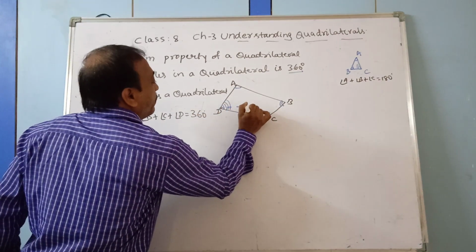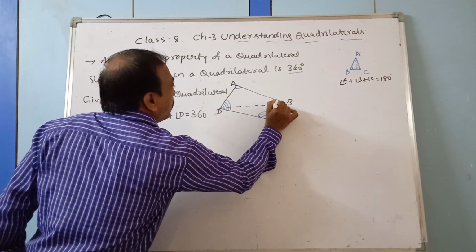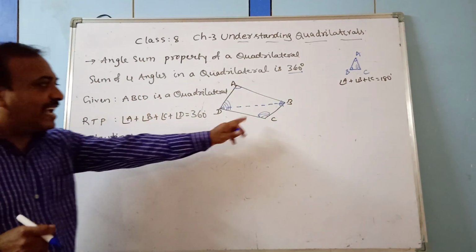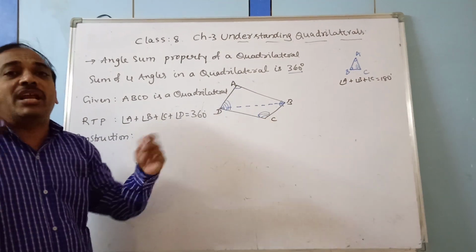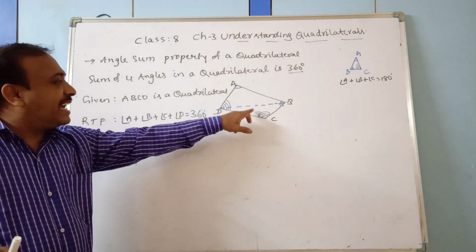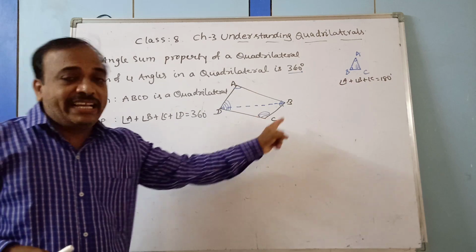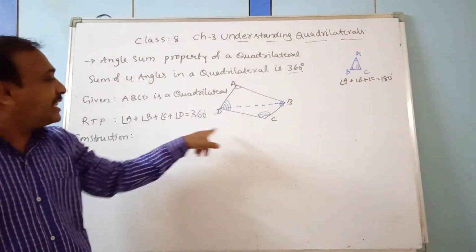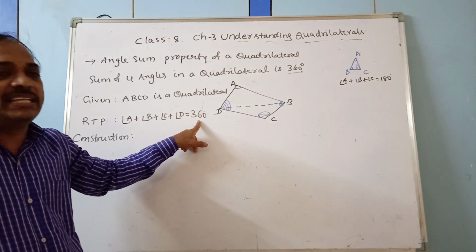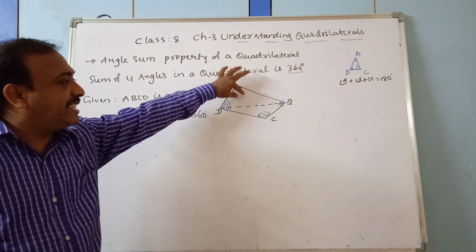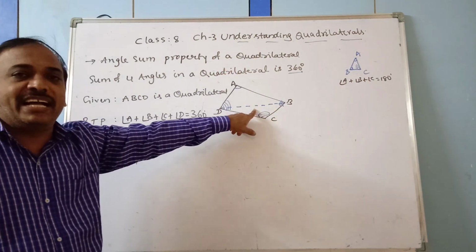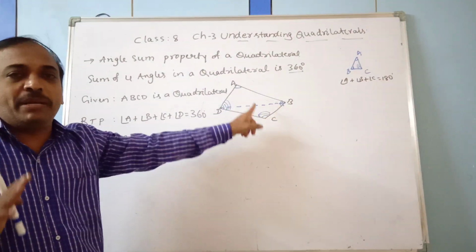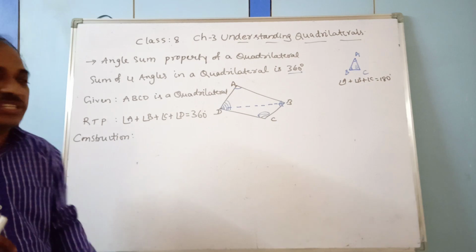Look at this. Now how many triangles are there? Two triangles. So orally you can say two triangles. The sum of the angles in each triangle is 180 degrees, so 180 plus 180 together will be 360 degrees. In these three angles and in these three angles, it is 180 plus 180, which is 360 degrees.